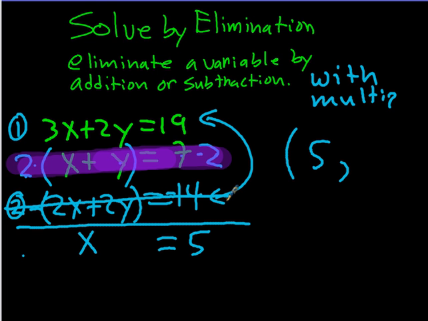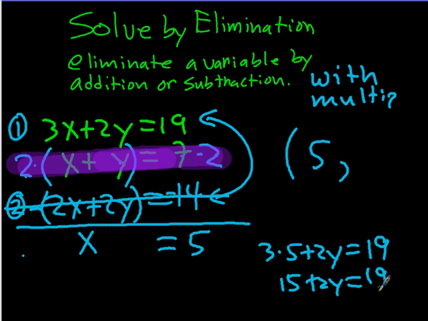I've got a 5, so 3 times 5 plus 2y equals 19, right? 15 plus 2y equals 19. I'm going to subtract 15 from both sides, and so I'm going to get 2y equals 4, y equals 2.